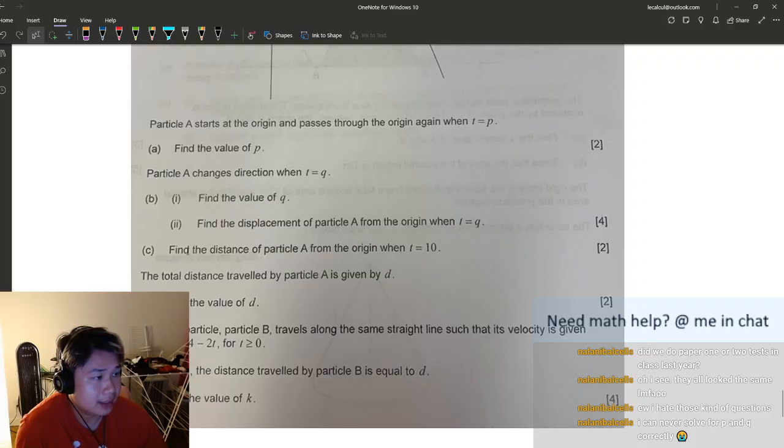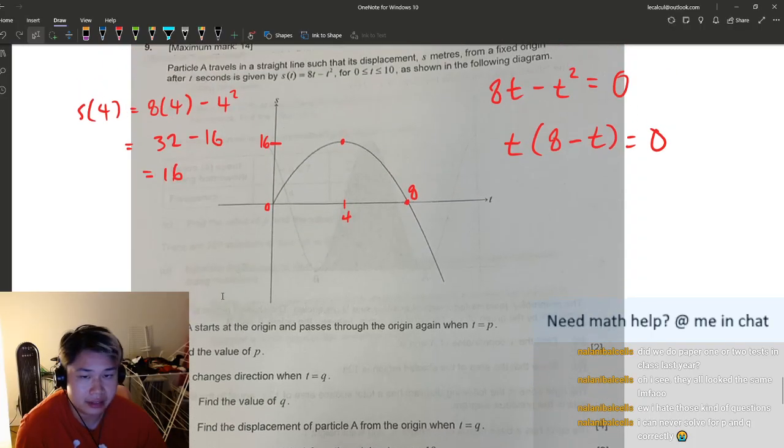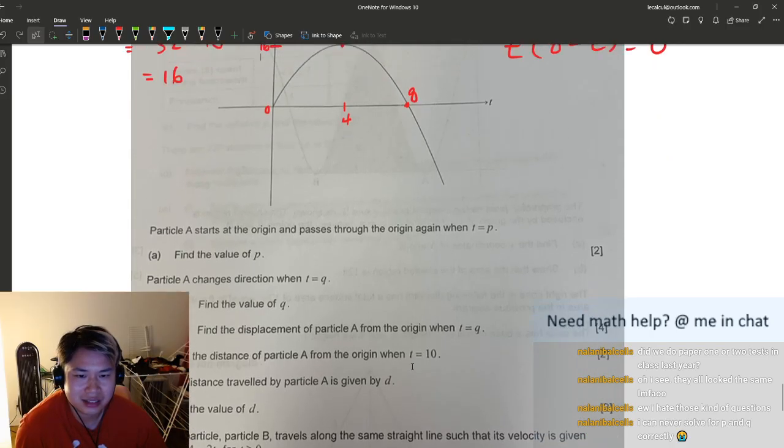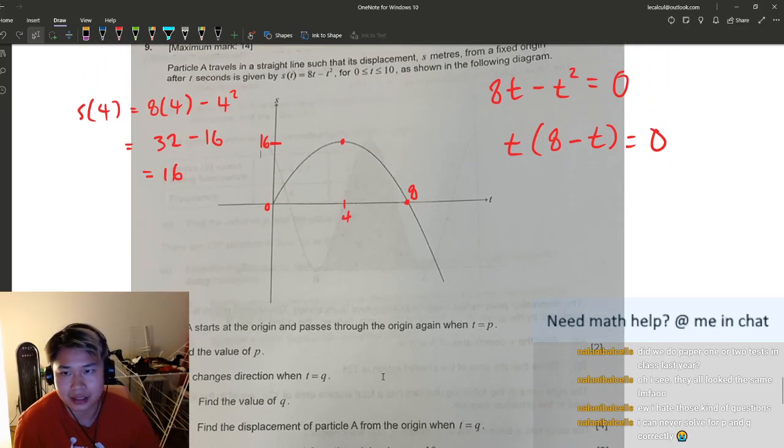Then find the distance of the particle A from the origin when t is 10. Okay. Why is this a question? Whatever. What we're going to do is plug in 10, same thing.